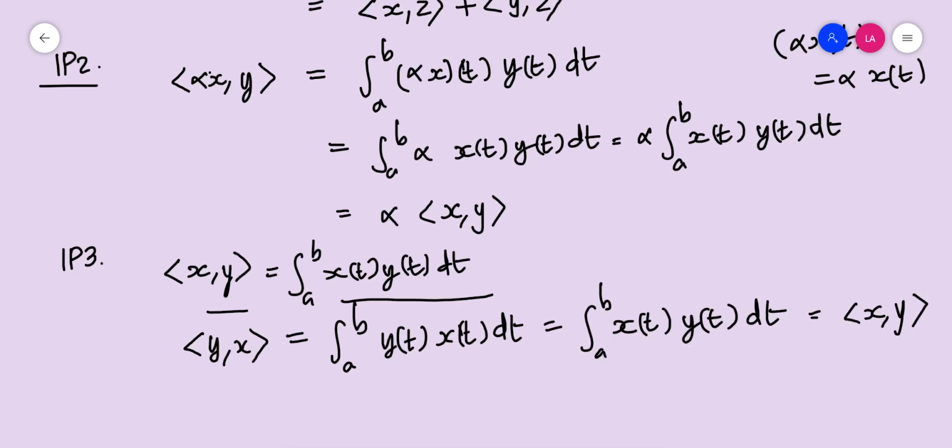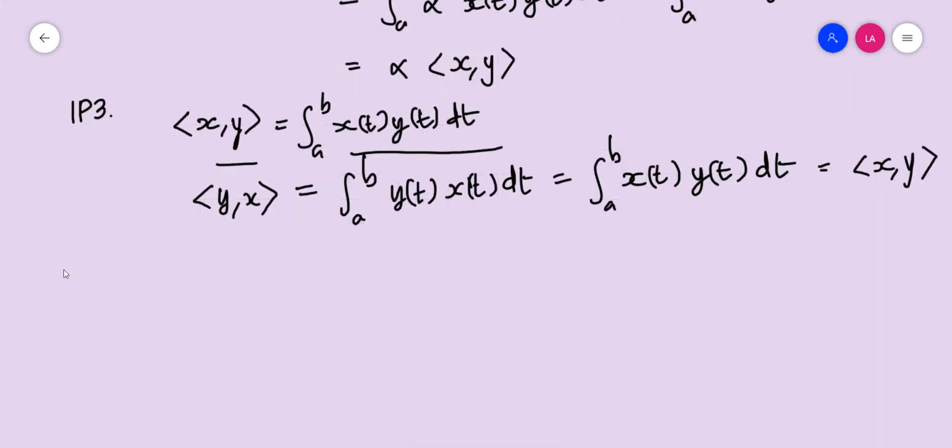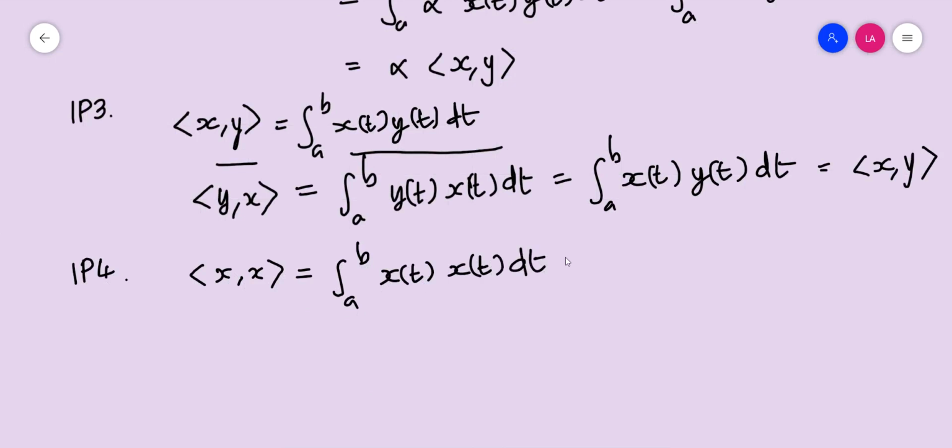Moving on to the fourth property, which is actually IP4, inner product xx. It should be equal to integral a to b x of t times x of t dt. Please remember that here we consider x of t and y of t to be real valued functions.